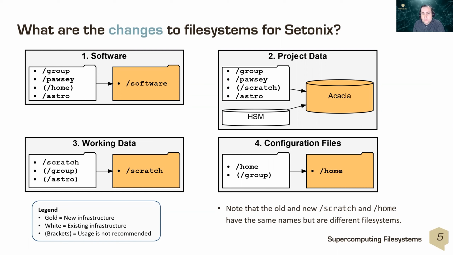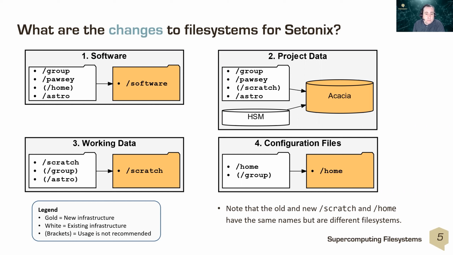A useful way to think about these changes is in terms of the types of files that are on the file system. For the actual software installations, previously there were system installations on the /Pawsey file system provided by Pawsey staff, and you may have had your own software installed in your home directories, group, or the Astro file system for astronomers.